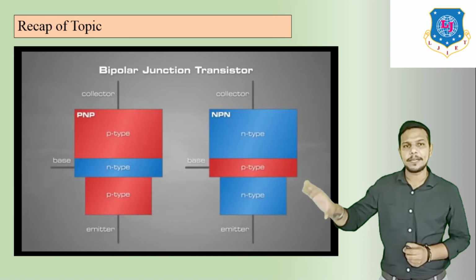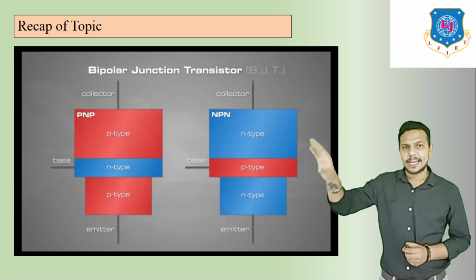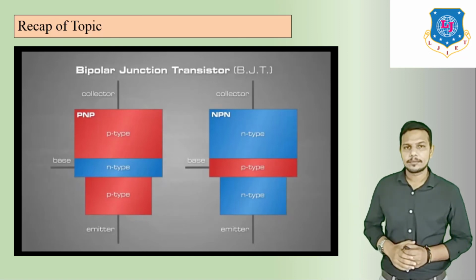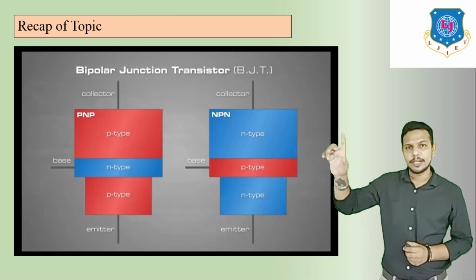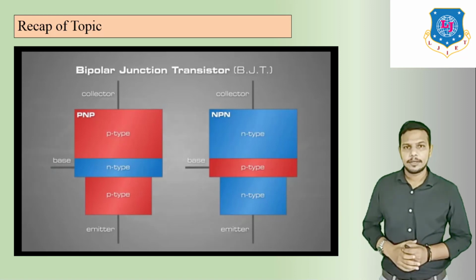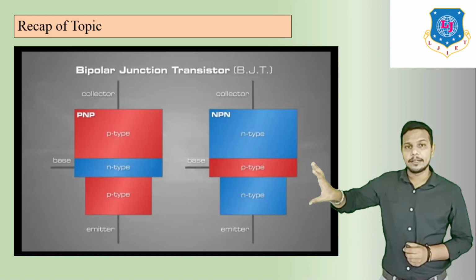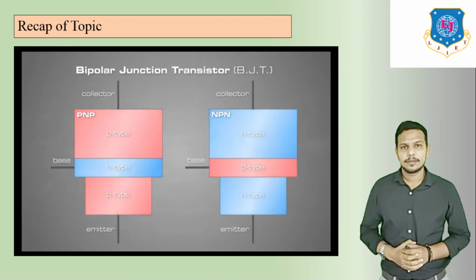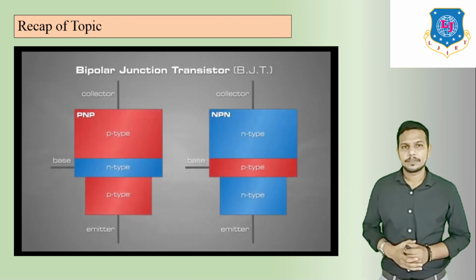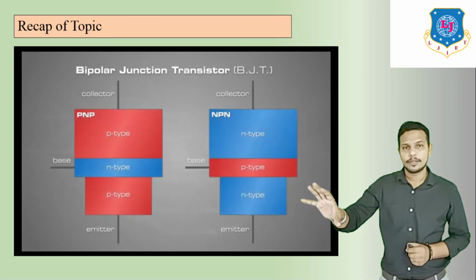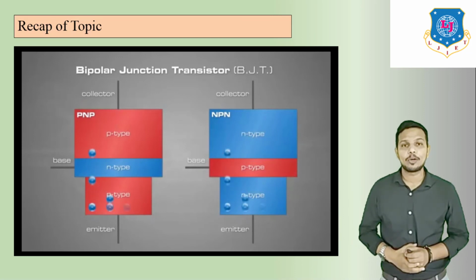In the NPN, P type is sandwiched between two N type materials, and here in red is the P type material. In PNP, between the P type material there is N type material. So here we can see the NPN and PNP transistors. That's why it is known as bipolar junction transistor.